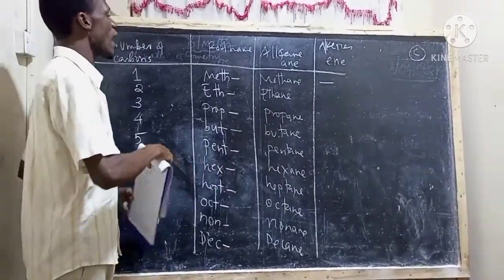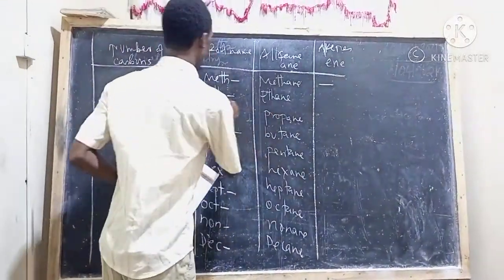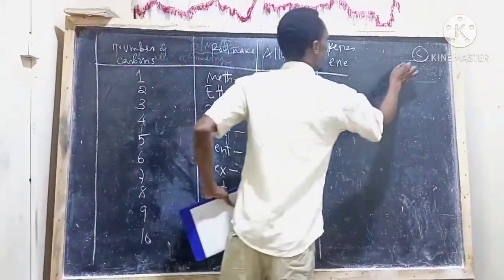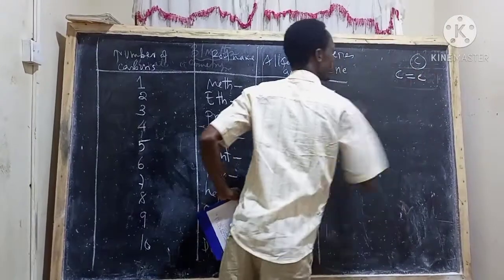But we can have double bonds because these have got 2 carbons. This is possible.